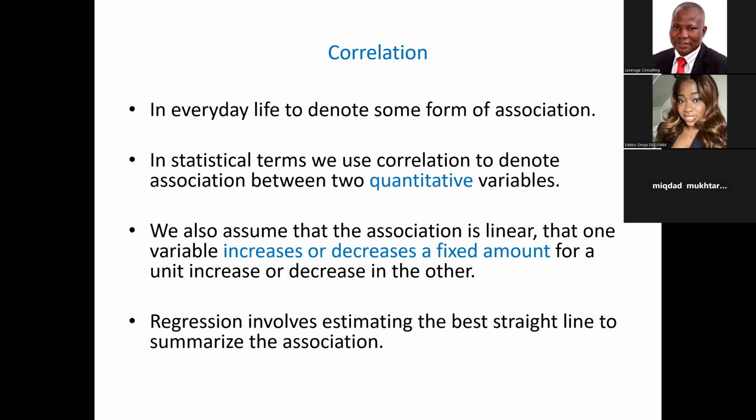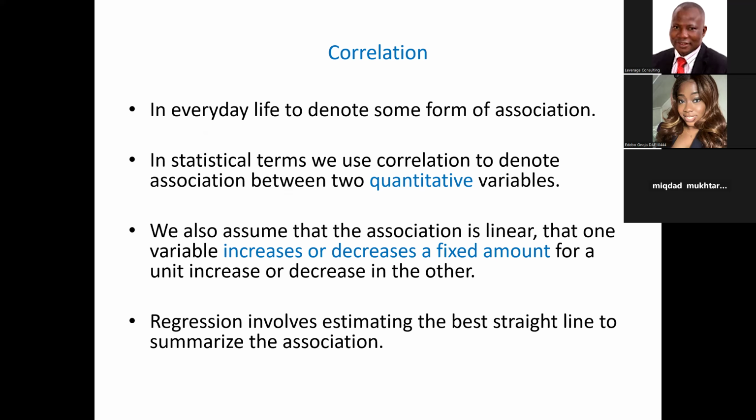For t-test and ANOVA, it's association between a categorical exposure and a quantitative outcome. The exposure is categorical, and it's the outcome that is quantitative.